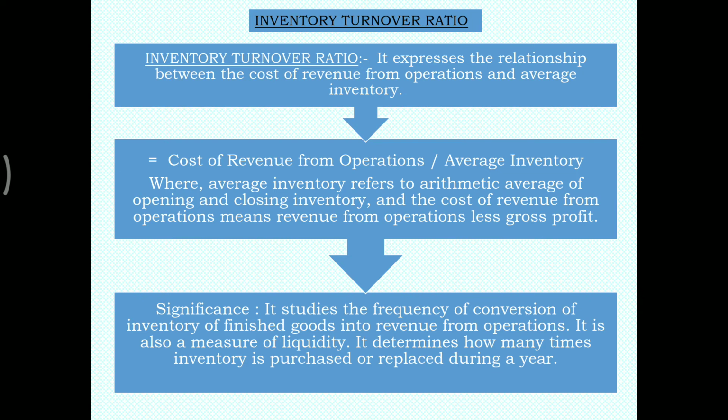It determines also how many times inventory is purchased or replaced during a year. See, one thing is important. The whole activity ratio, turnover ratio, will be presented in times. Okay, so always remember this one.